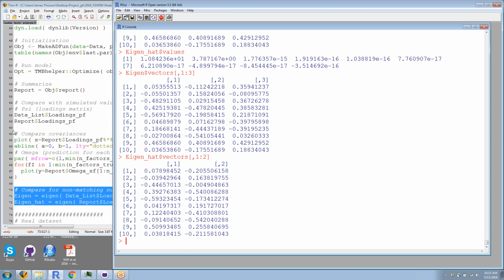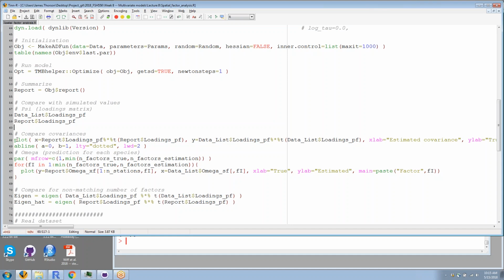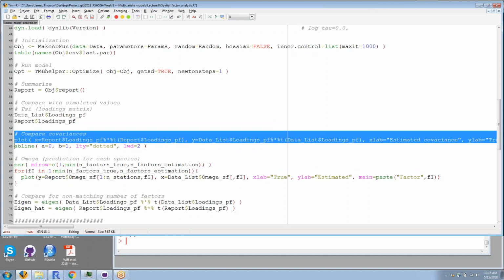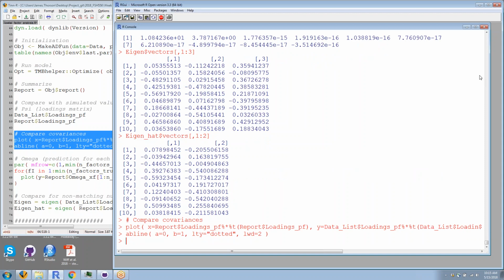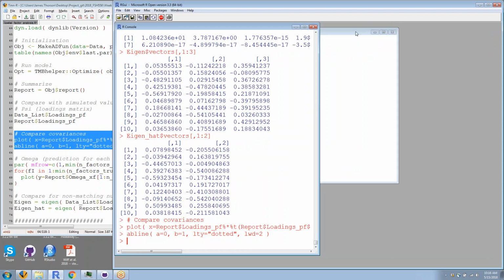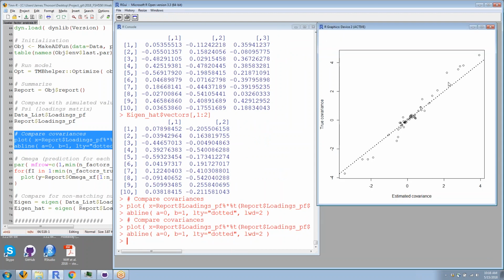And so if we compare the predicted covariances, it actually still doesn't look terrible, but there's a pattern where some stuff is above and below the line, because those true covariances include the action of this third factor that we're dropping in our model.